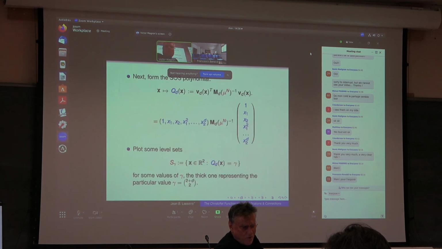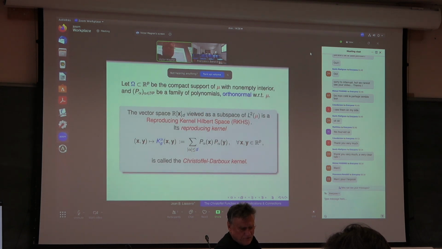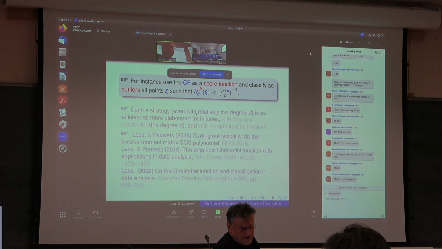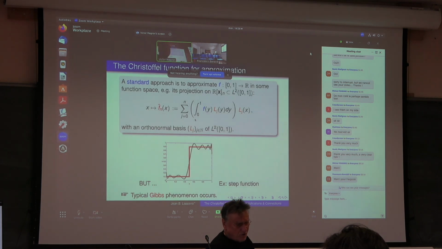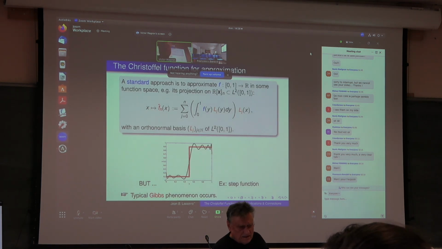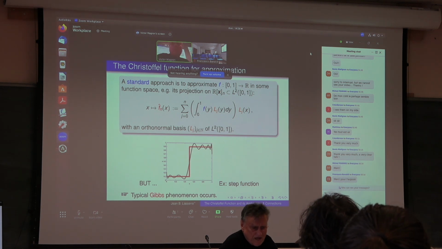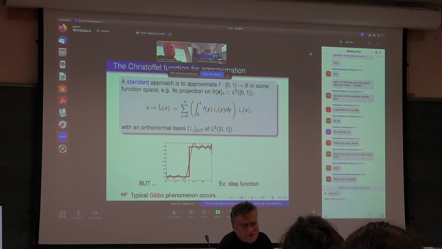And I will mention another application briefly that we found also very interesting. Usually a classical way in approximation or interpolation is that you want to approximate, let's say, a nasty function. Here, take the step function in red, a discontinuous function, and you want to approximate this function. So you assume that you know this function only by points somewhere.